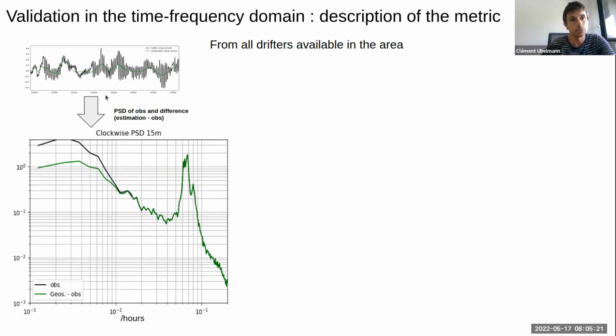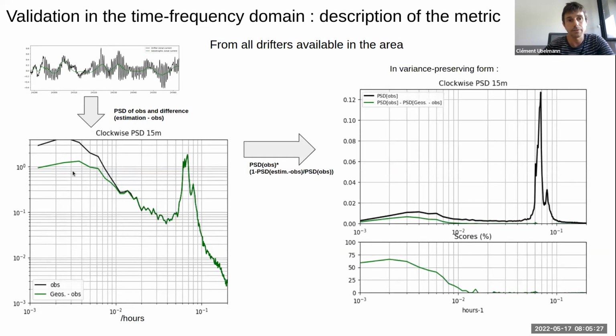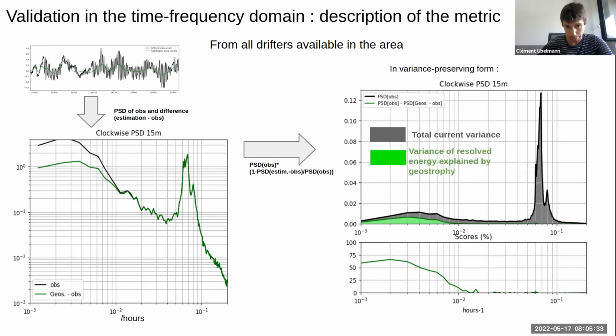If the estimation were perfect, the green curve would be 0. But it's not, of course, and we can characterize the ratio of how much is well resolved with respect to the total current. Here it's represented under the variance preserving form, which is not always convenient, but I thought that for this case it offers a good view of the variance.